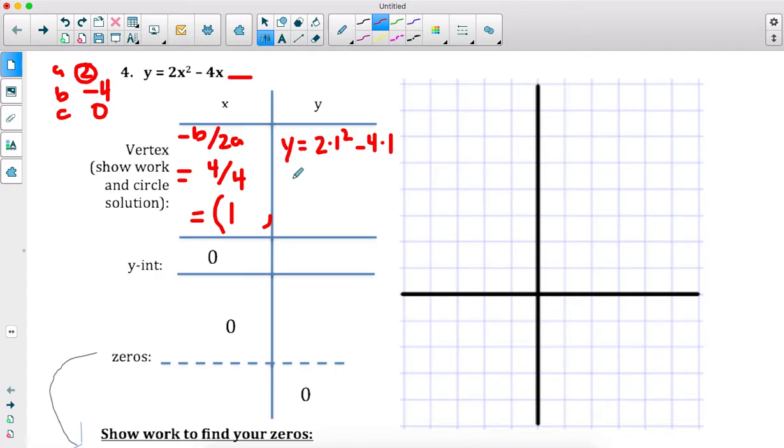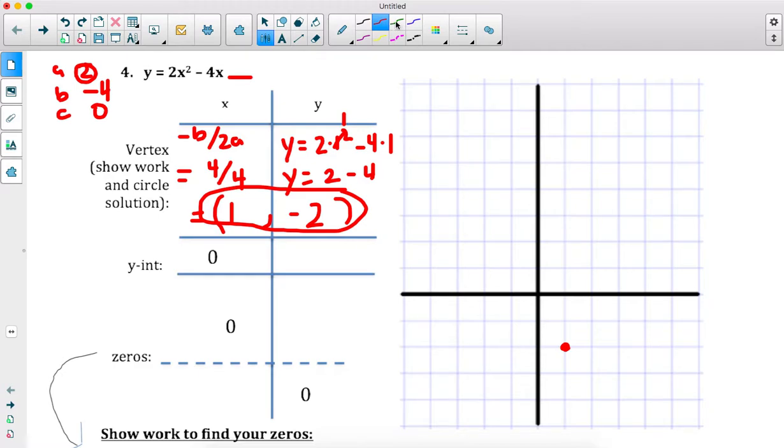So PEMDAS, order of operations, exponents first, so I'm going to do 1 squared, which is 1, and then 1 times 2 is 2. 4 times 1 is 4, so we end up with 2 minus 4, which is negative 2.